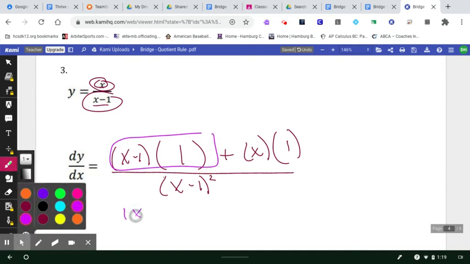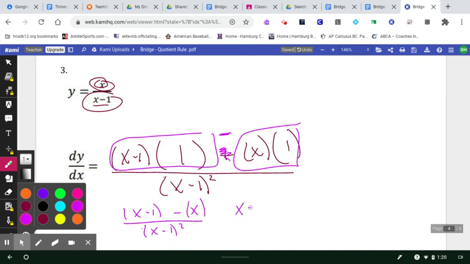So I've got x minus 1 minus, oh dear, low d high minus high d low all over low squared, minus the x all over the x minus 1 squared. So my x's are going to cancel. So on the numerator, I'm getting x minus 1 minus x all over the x minus 1 squared. So I'm left with negative 1 all over x minus 1 squared.